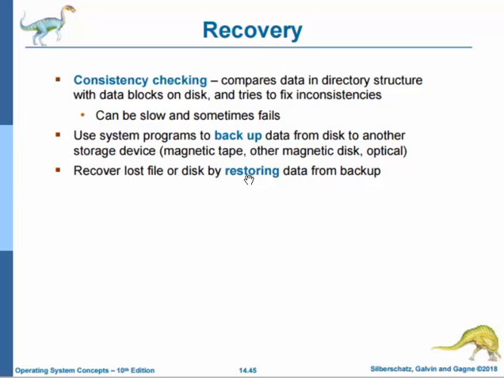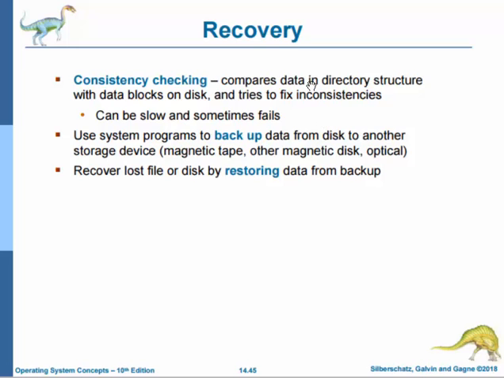Now, some system programs are used to back up data from the disk to another storage device, for example magnetic tape or another magnetic disk or optical disk. The last option could be to recover the lost file or disk by restoring the data from the backup. Some examples of consistency checkers are system programs.